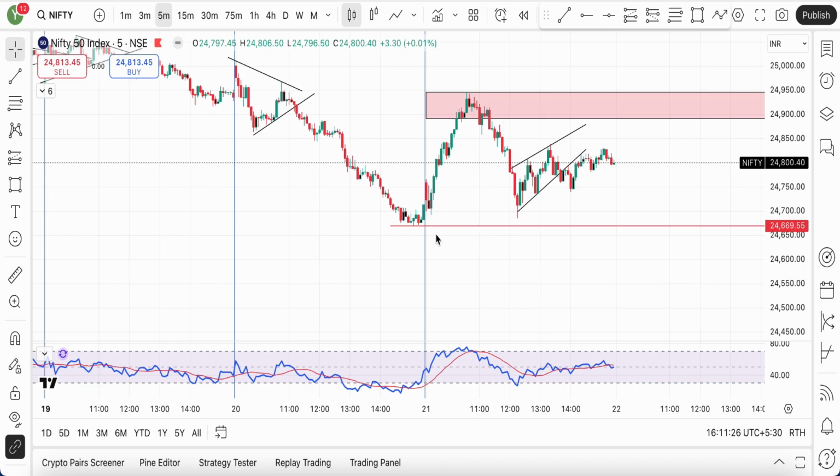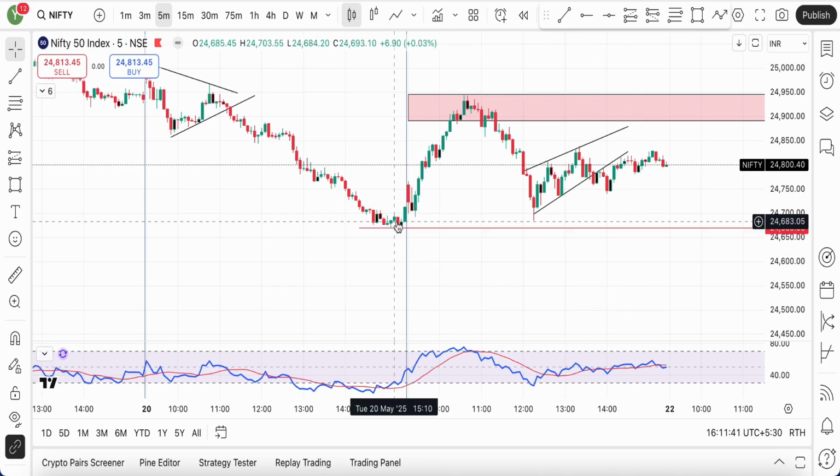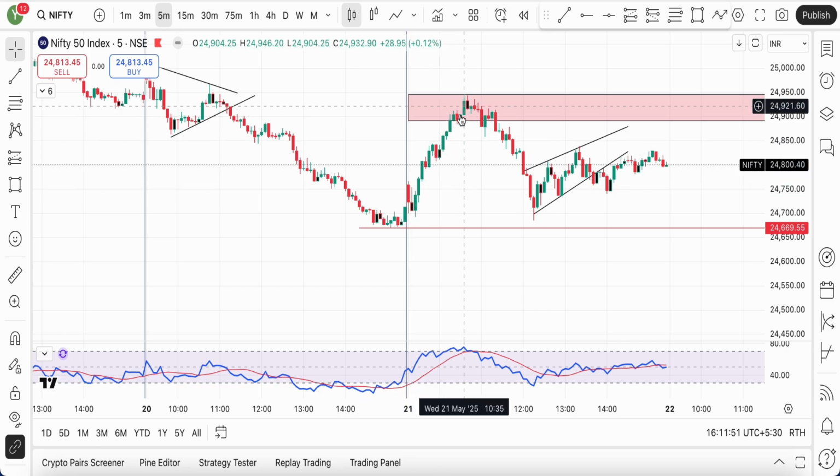Our first trade plan was, in case the market opens flat or with a slight gap down, forms a negative candle while taking out the previous day's low, and then the high of that candle crosses, we were planning a long trade. Now, something exactly like that happened. The first candle was a negative candle, and as soon as the high of this particular red candle was taken out, we saw a good move on the upside. But did I participate in this particular trade?